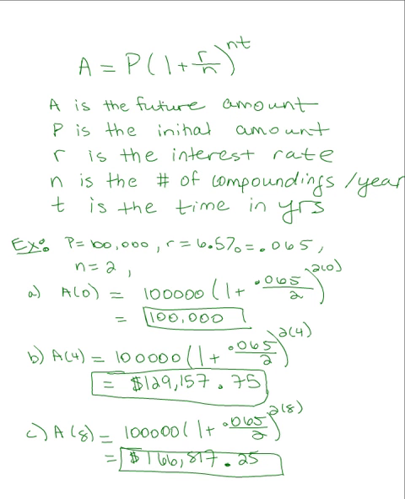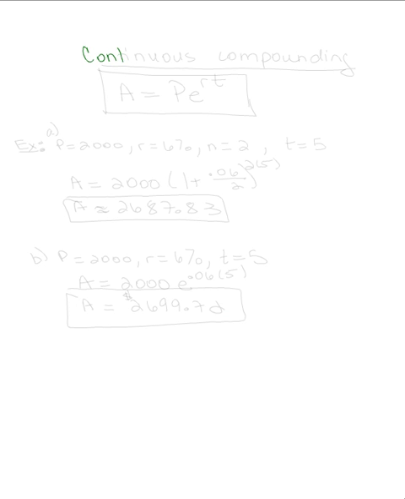Now, when the number of compoundings per year becomes so often that it becomes continuous, we call it continuous compounding. The formula for this is A equals P e raised to the RT, where e is the natural base e.